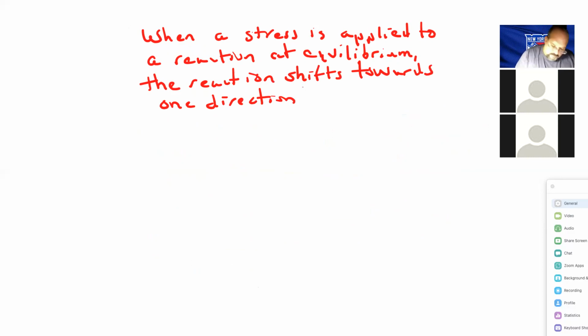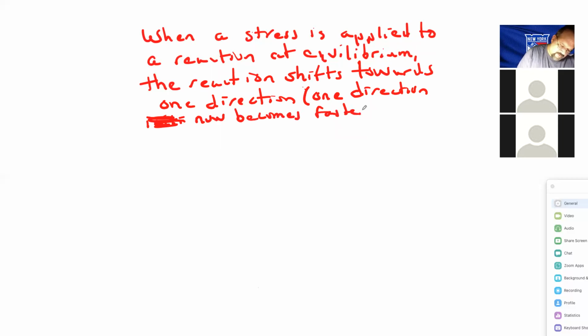In other words, one direction, initially, well, I should say initially, but now becomes faster than the other. To do what? To counteract that stress.